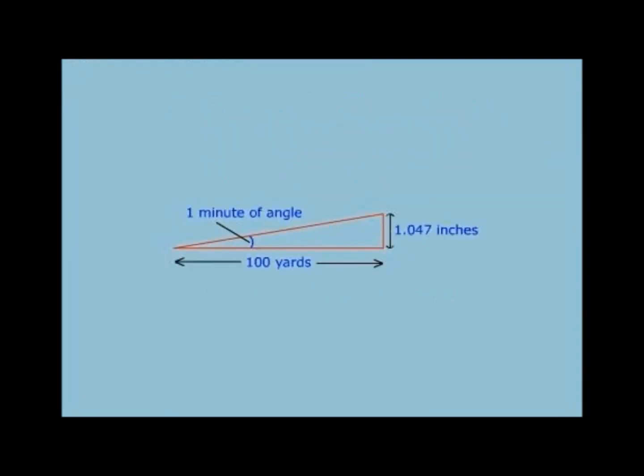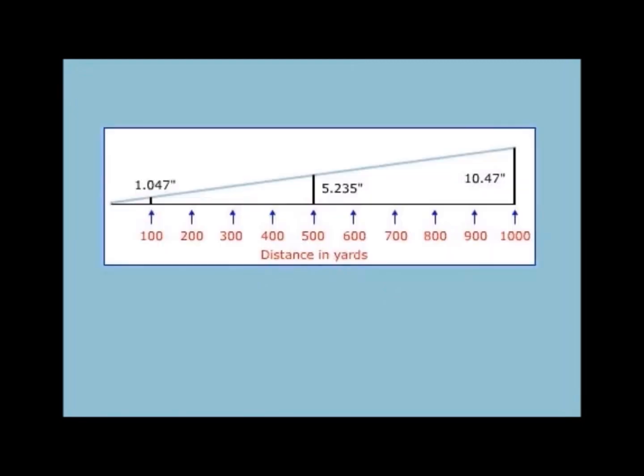If r equals 100 yards, which is 3,600 inches, 1 minute at 100 yards is 0.0002908 times 3,600, or 1.047 inches. 1 minute of angle covers or subtends a distance of 1.047 inches at 100 yards, or 5.235 inches at 500 yards, or 10.47 inches at 1,000 yards.